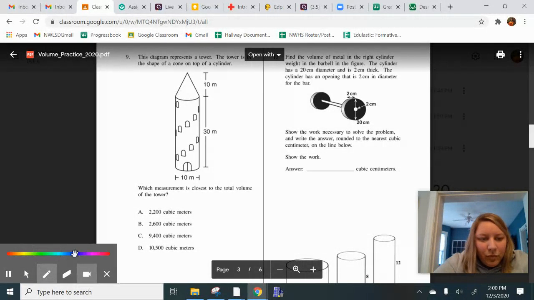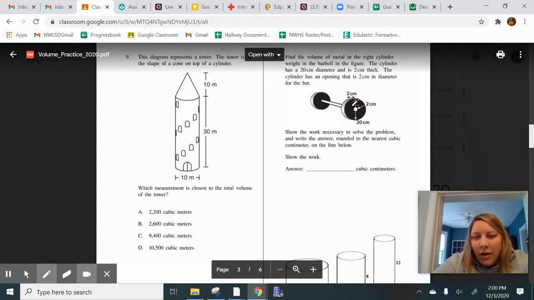Okay, so for this one here, what you need to do is we're finding two cylinders. We need the volume of the larger, and then we're going to subtract the volume of the smaller cylinder. So we have two cylinders: the big one on the outside, and the smaller one on the inside.